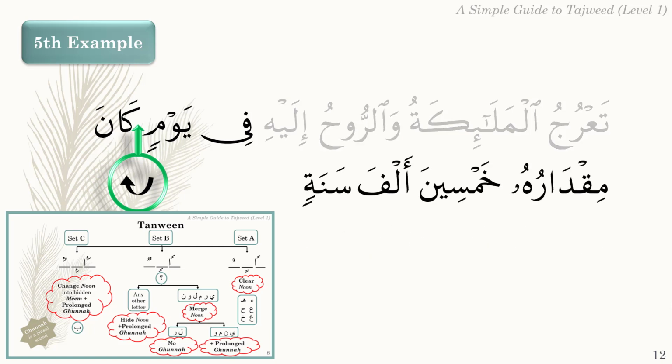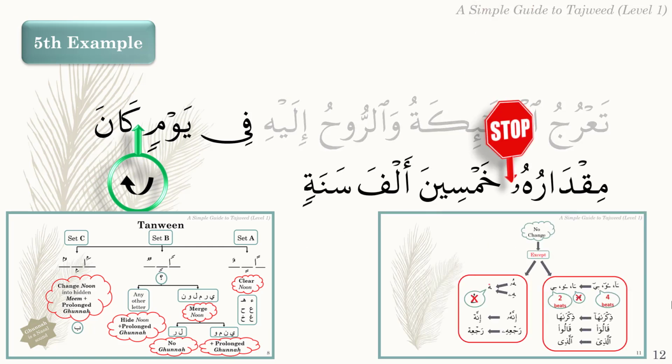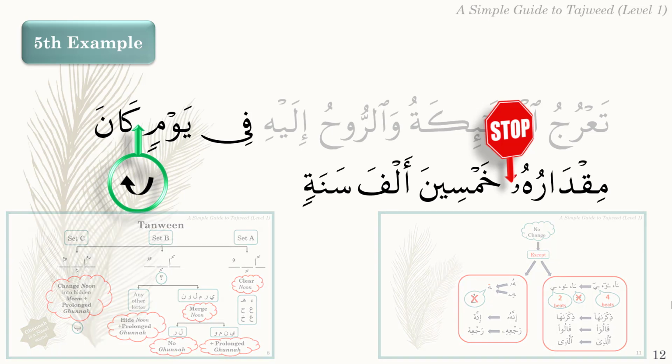But when stopping at the end of the following word, we skip small waw and we stop, changing Dhamma on Ha into Sukoon. تعرج الملائكة والروح إليه في يوم كان مقداره.